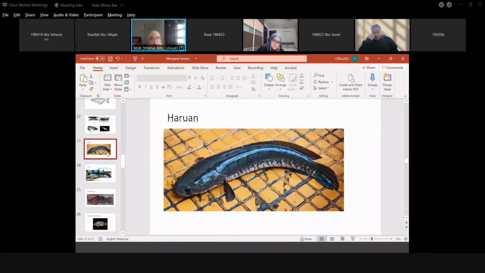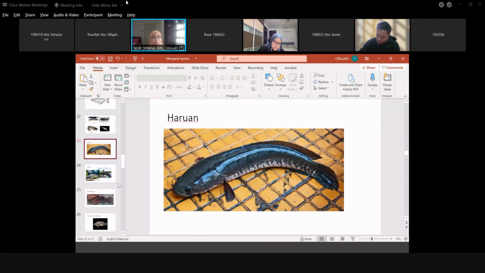So haruan, people look for this fish when they want to eat it after they give birth. Confinement ladies like to promote eating haruan. Nothing wrong, it is a good protein source, and if it's readily available, why not?